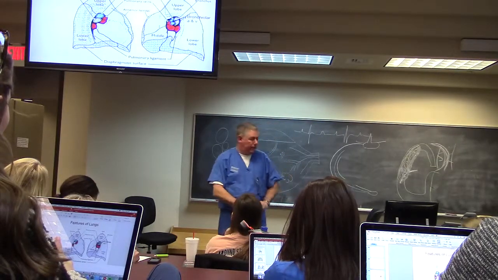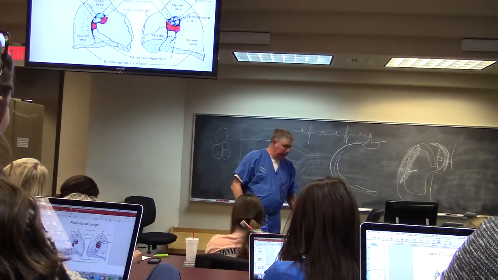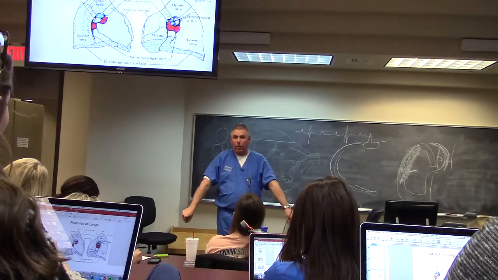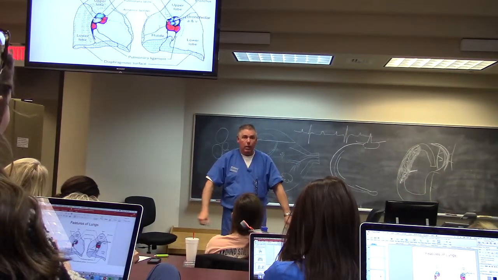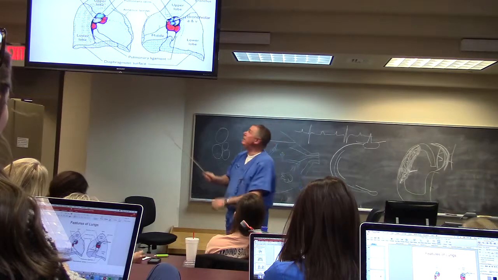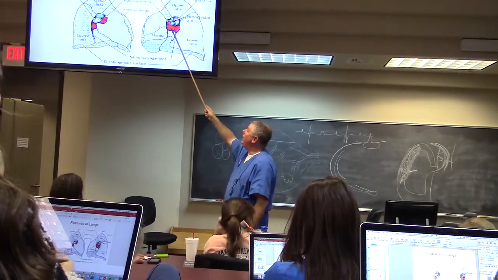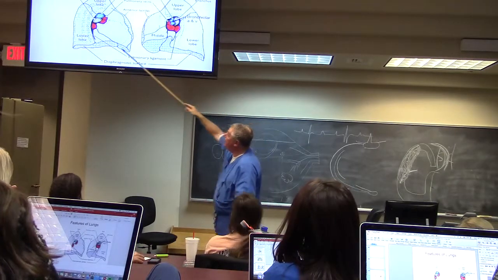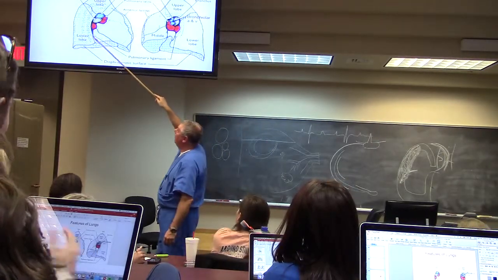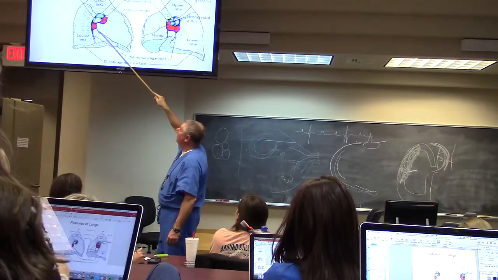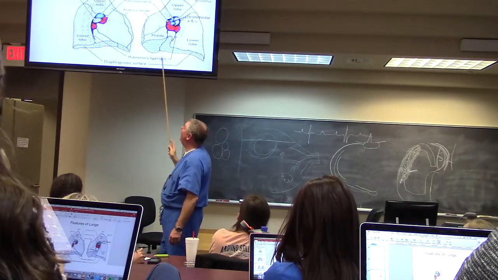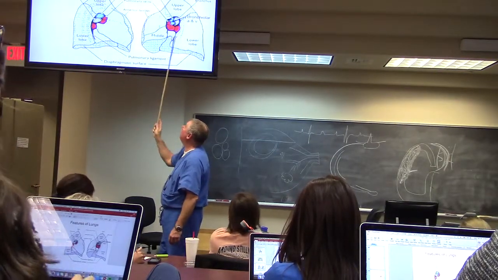Now, remember I said that when the trachea divided into the two bronchi, it went in at an angle? When it did, remember, this thing is covered by visceral pleura, right? When it went in there at that angle, it produces this pleat right there. That's called the pulmonary ligament. There's one on each lung.